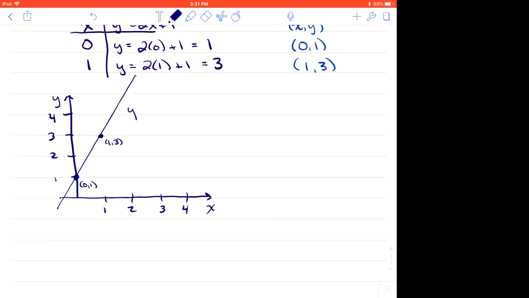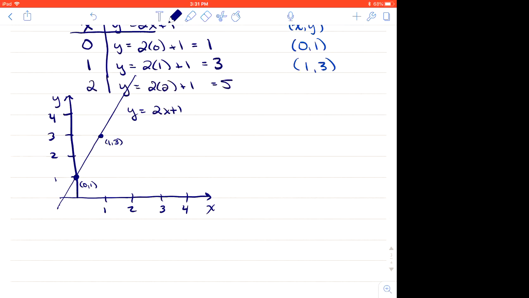So here is the equation y equals 2x plus 1. And that's the line for y equals 2x plus 1. Okay, so if we hadn't used the 0, that's fine. Pretend for a second that we used x equals 2, for example, then y equals 2 times 2 plus 1, 5, right?